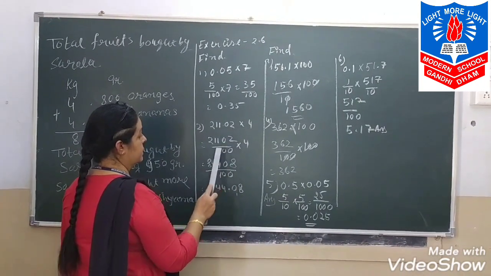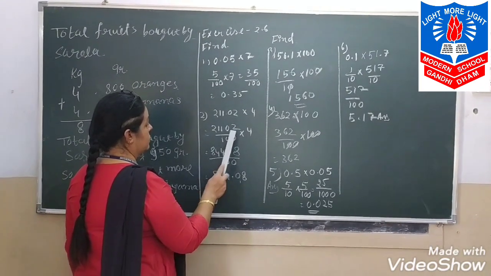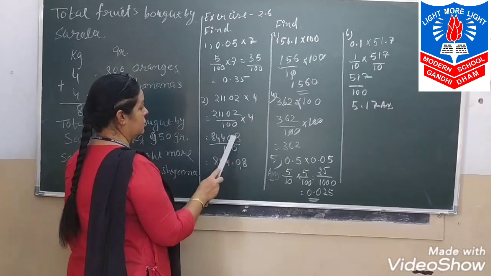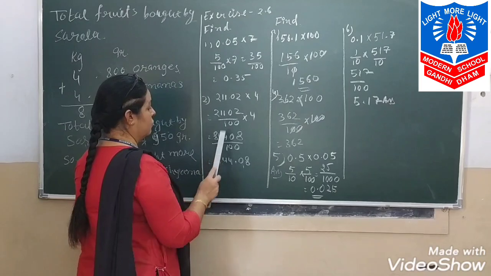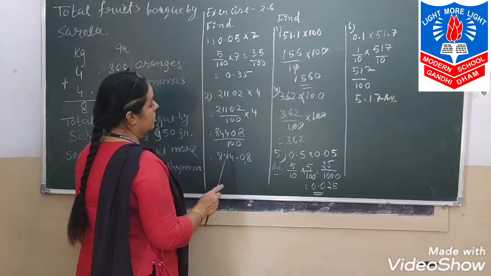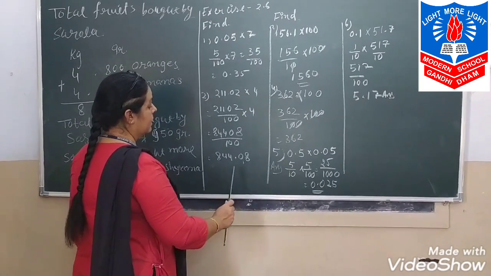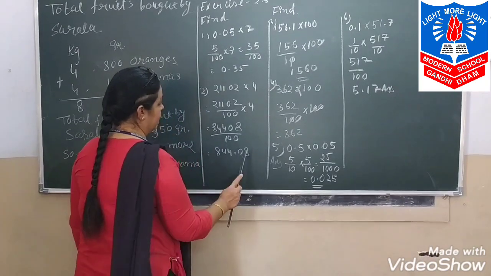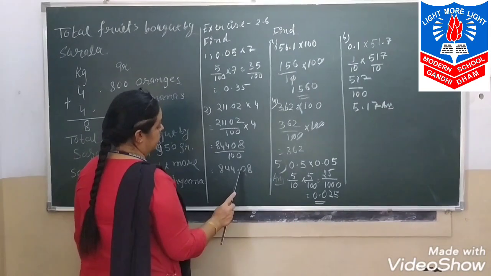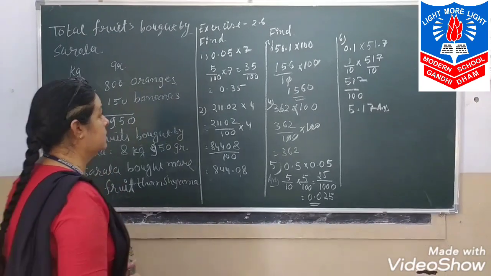Point after 2 digits, so we write here 100 into 4. 21102 multiplied by 4: 2 4s are 8, 2 zeros are 0, 2 4s are 8, 4 2s are 8. Here is 100, so we keep the decimal after 2 digits. We count the decimal from right to left, 1 and 2, and then we keep our point here after 2 digits.